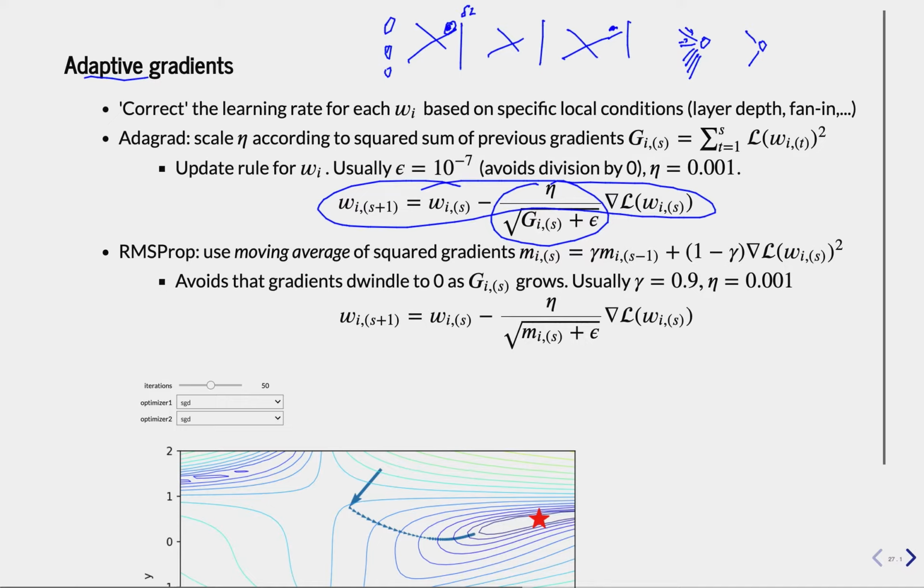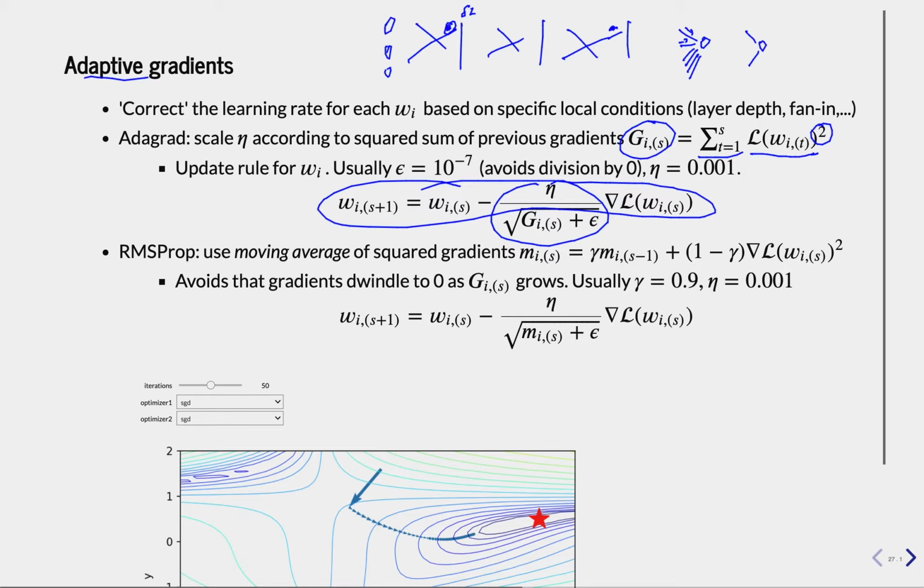So over time, we look at the gradients with respect to that weight. We're interested in the relative magnitude, so we square those, so they are positive. And then we take the sum of all of these, right? So this factor G tells us whether that connection, that weight, typically deals with large gradients or small gradients, right?